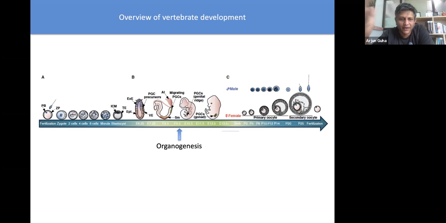So organogenesis begins there. In some sense, you could imagine that all of this is organogenesis, but pedagogically, organogenesis is from the time you can first begin to detect a structure in the embryo that is the precursor structure for the adult organ. And most of these processes start post-gastrulation in the mouse, around E8.5 to E9.5 in the mouse embryo.